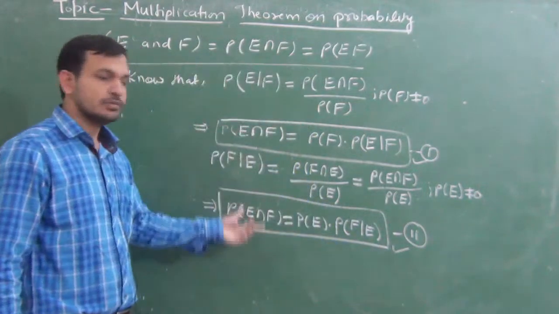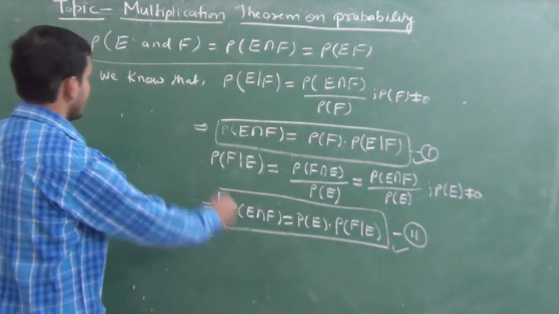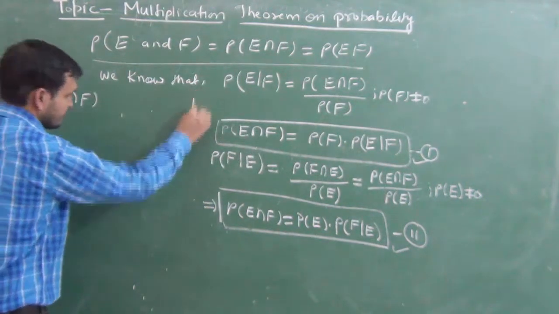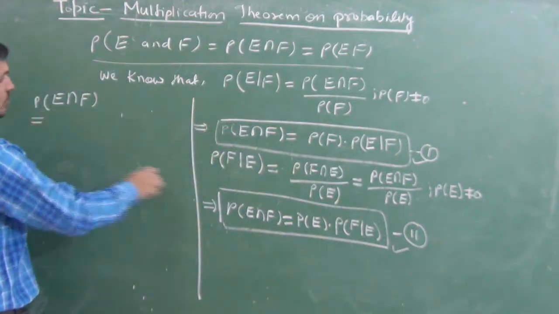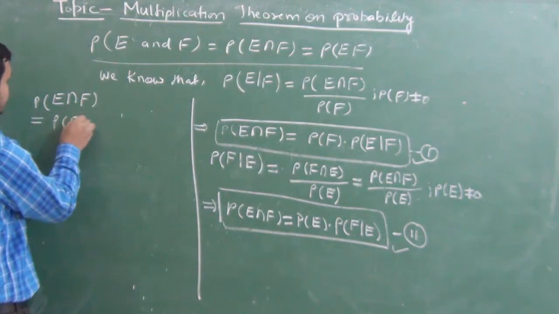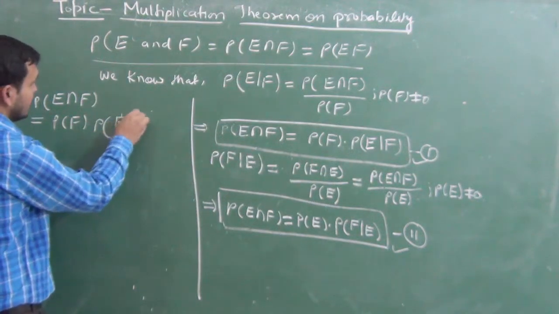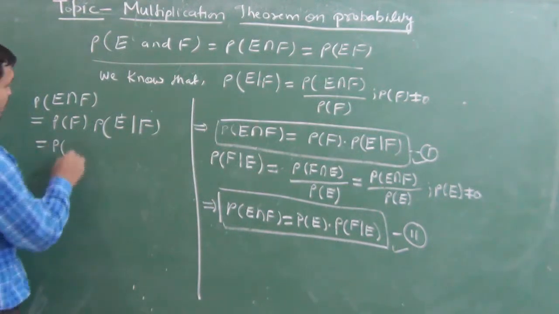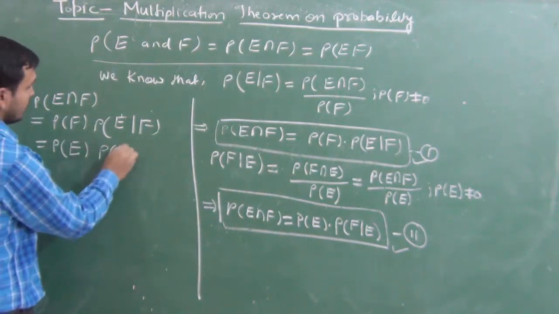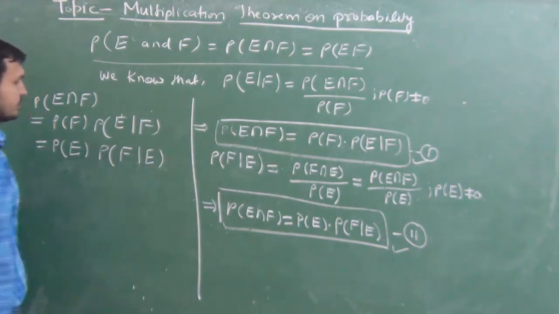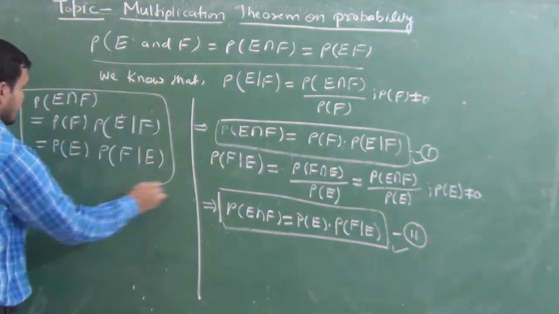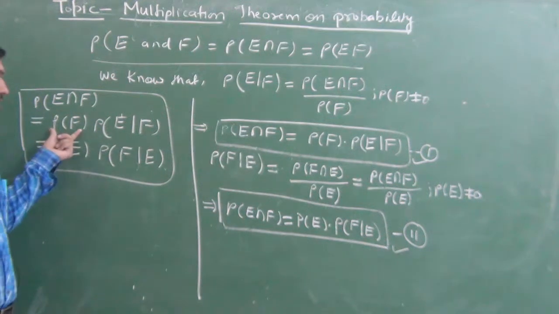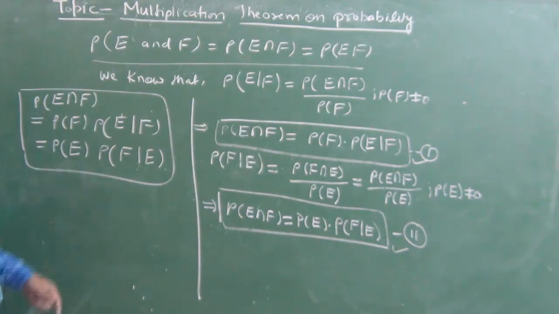So if we combine these two results together, then we can write the probability of E intersection F is equal to probability of F into probability of E conditional F is equal to probability of E into probability of F conditional E. But the condition is that if we are using this result, probability of F should not be equal to 0, and if we are using this result, probability of E should not be equal to 0.